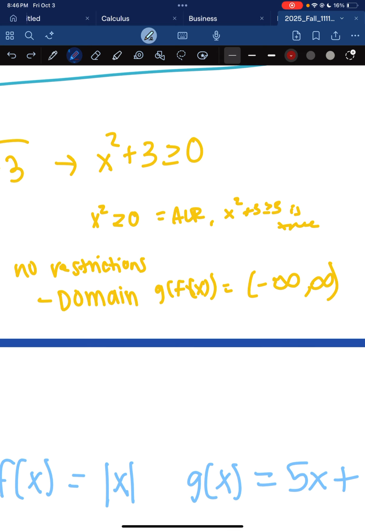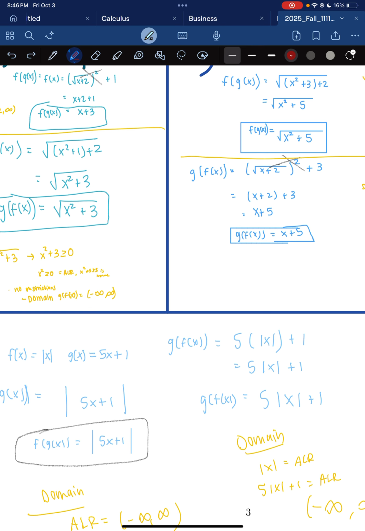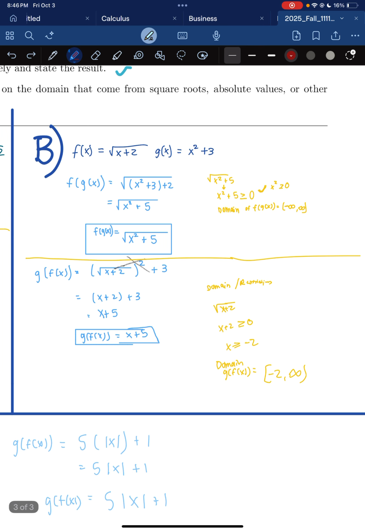And so we're given x squared plus 3 greater than or equal to 3. It's true. So our domain ends up being negative infinity to positive infinity. Same exact thing for B.